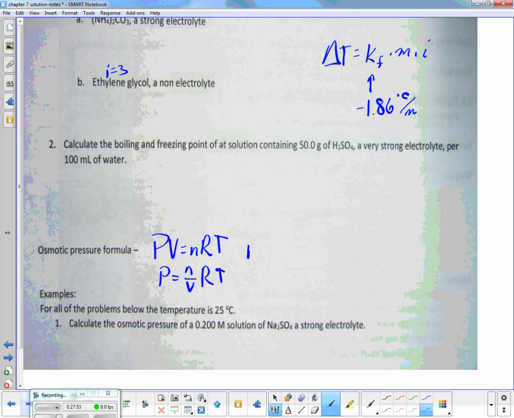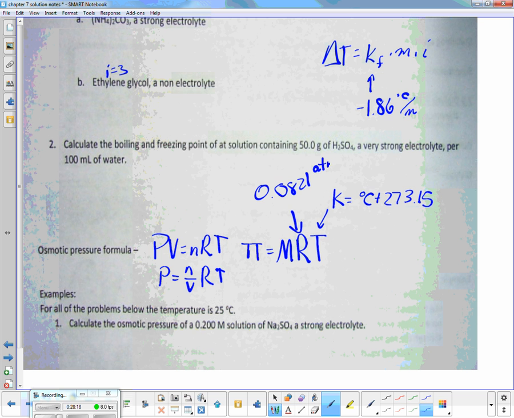So they say osmotic pressure, which is a capital pi, straight, without any curvies like the lowercase pi, is equal to molarity times R times T. Now T has to be in Kelvin. Remember, Kelvin is degrees Celsius plus 273.15. R is 0.0821 atmospheres times liters divided by mole times Kelvin.